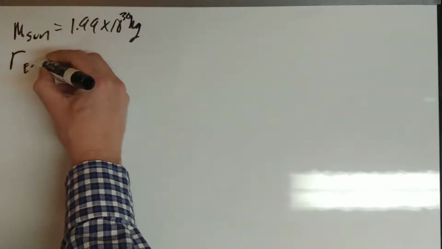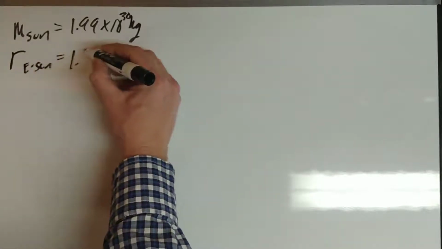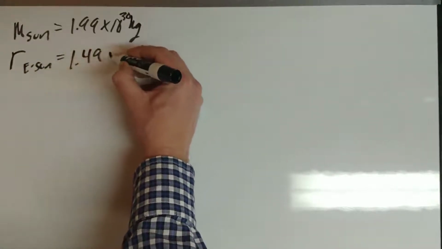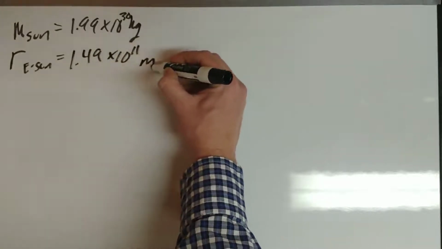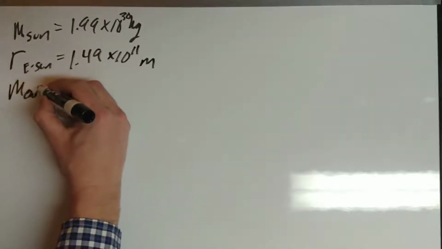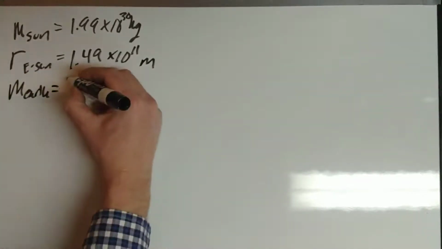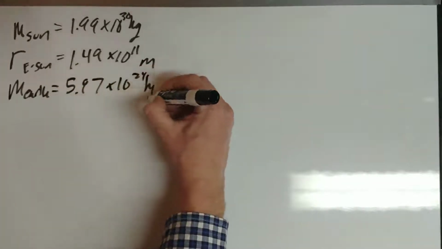Radius between the Earth and Sun is 1.49 times 10 to the 11th meters. The mass of the Earth, we've used that already. That is 5.97 times 10 to the 24th kilograms.